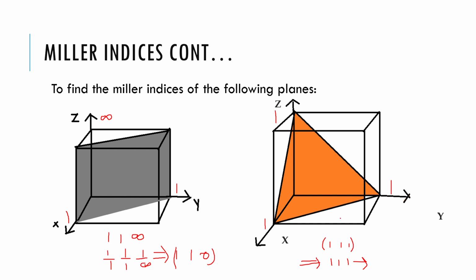So this is like the G vector, the reciprocal lattice vector, which has the intercepts 1 b1 plus 1 b2 plus 1 b3, right?